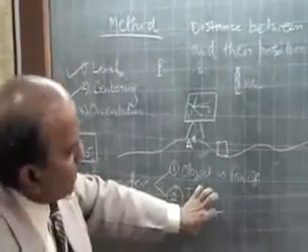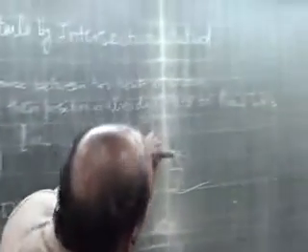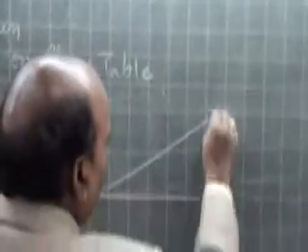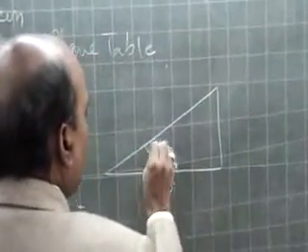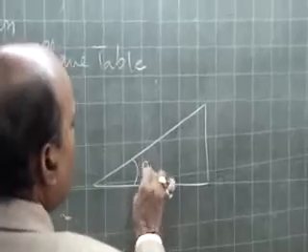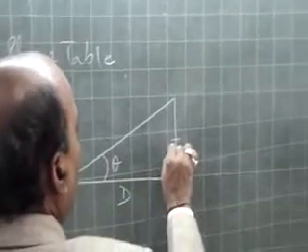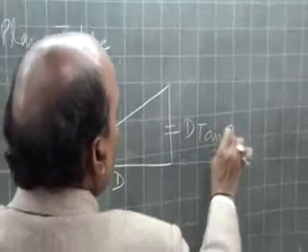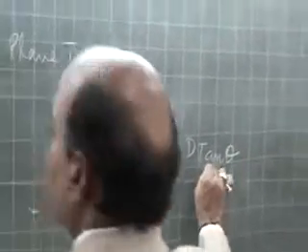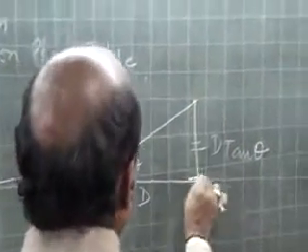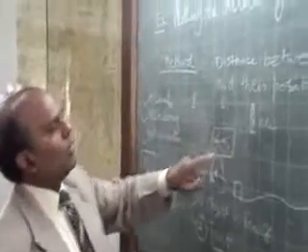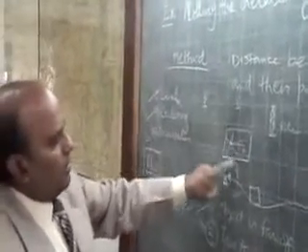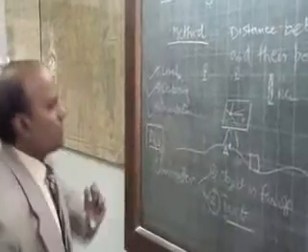So once I get tangent theta value and once I get the point here, I get the distance. So it's very simple. If I get this distance and if I get this theta, which is tangent theta, I can find out this. This is d tan theta. So d is known to me, tangent theta is known to me, so I can find out the elevation difference between the two points, between A and pole or A and tree, A and building. So I can find out these elevation differences.